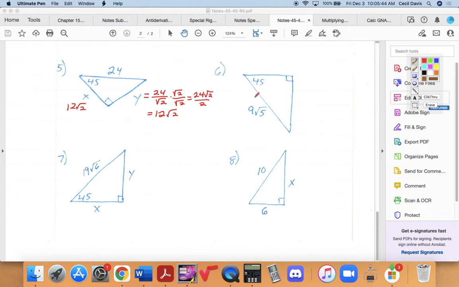All right, this one, although it's kind of badly drawn, doesn't look very isosceles, does it? But it says that this is 45 and this is 90, so it's a 45, 45, 90 triangle. Which side do we have? The hypotenuse. I very carelessly didn't label the sides.